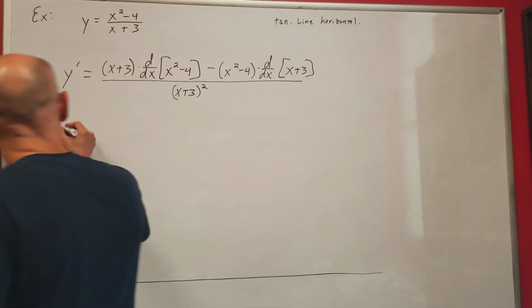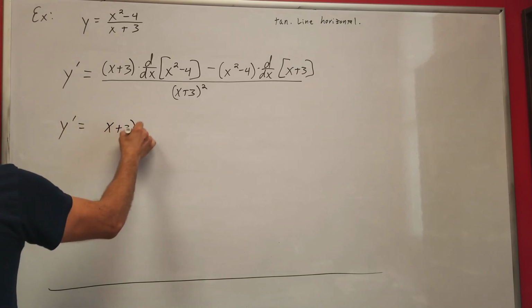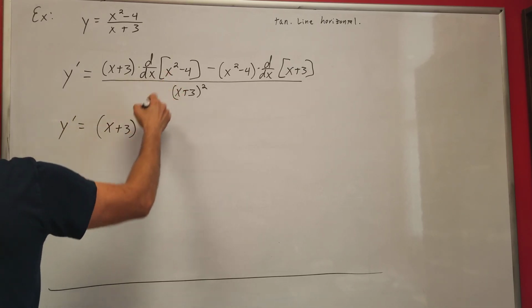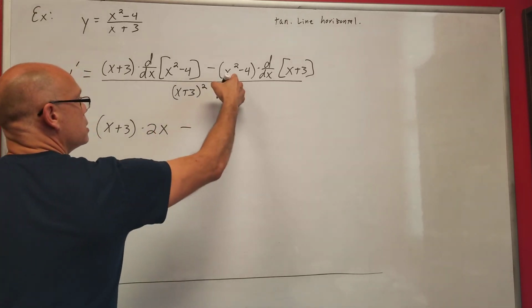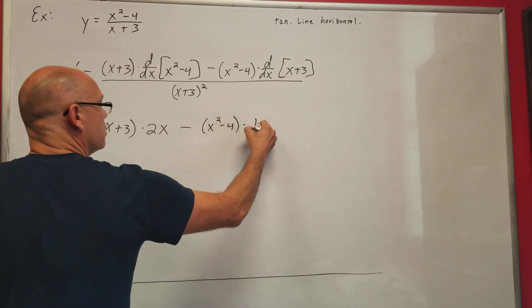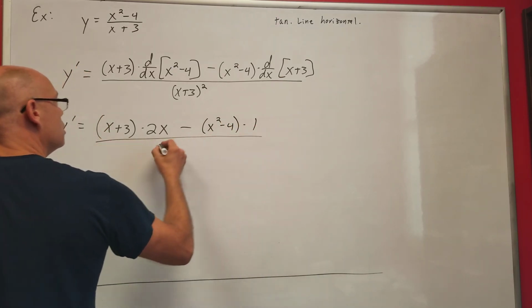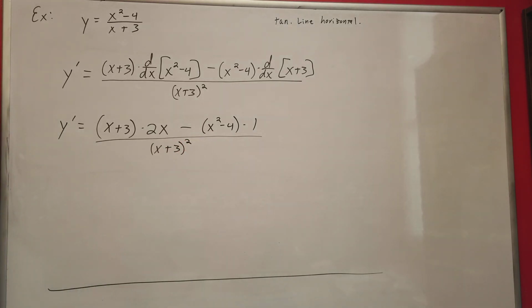All right, let's actually go through and take this derivative. We have x plus 3. Derivative of this part is what? 2x minus, drop down, x squared minus 4 times derivative of that's 1 all over x plus 3 quantity squared.